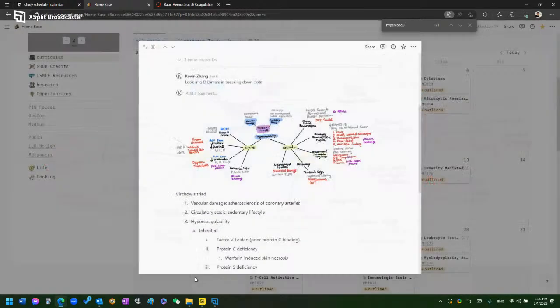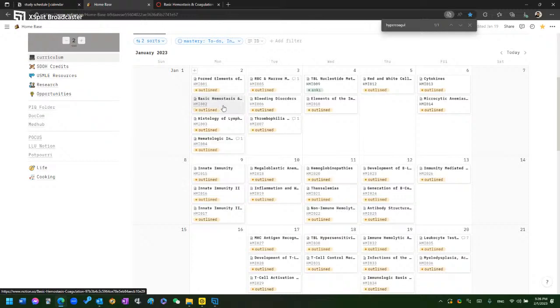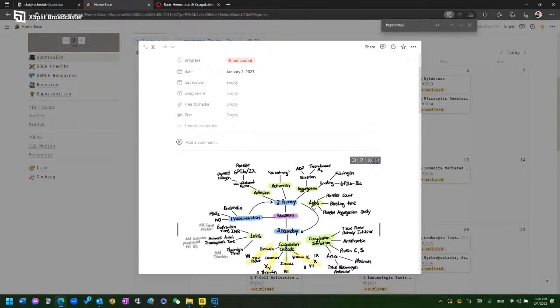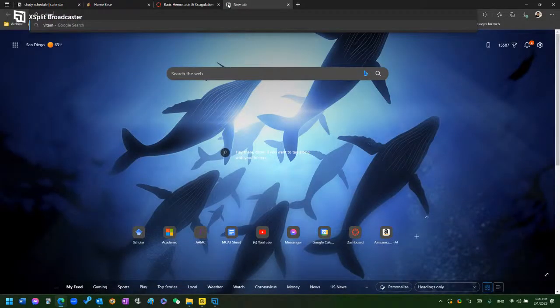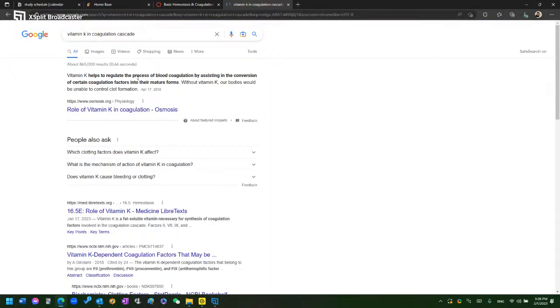Oh, I forgot to touch on vitamin K. Let me go back and do that real quick. The other thing about the coagulation cascade is that vitamin K is very important in activating, if I understand correctly, the coagulation factors.